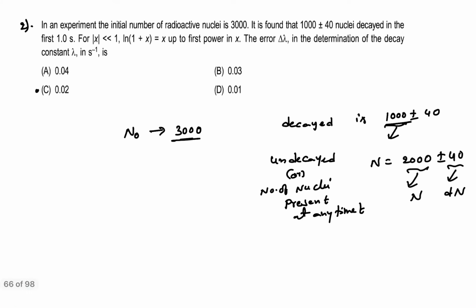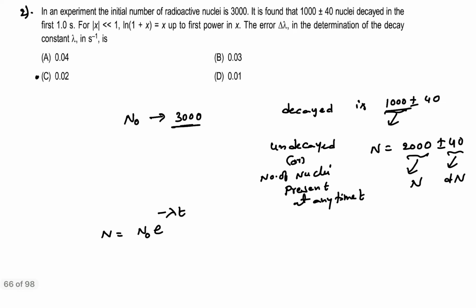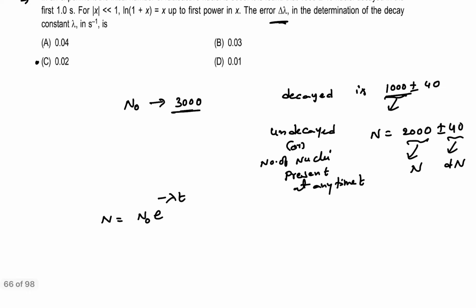This 2000 is the number present, this value 40 is actually the error in the decay. Maybe that is 1000 plus 40 or 1000 minus 40, like that. Error is dN. Now as per the question, you know that relation at any time t, N can be written as N naught into e to the power of minus lambda into t.